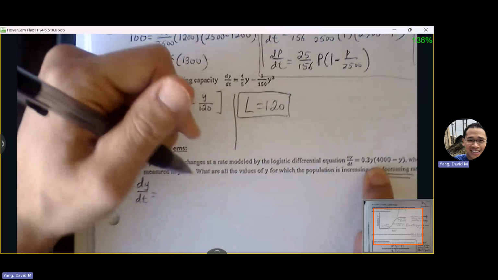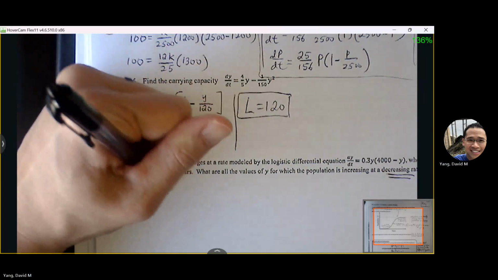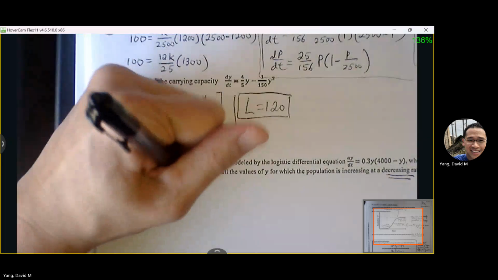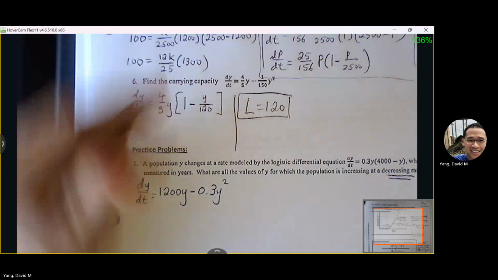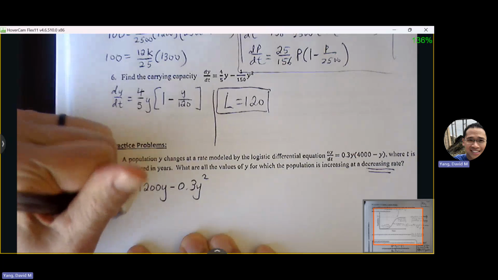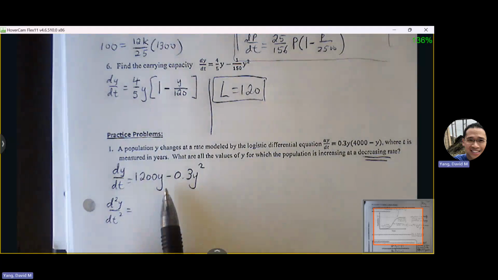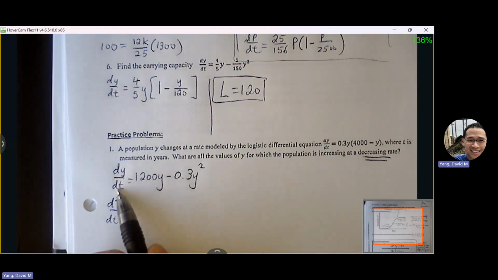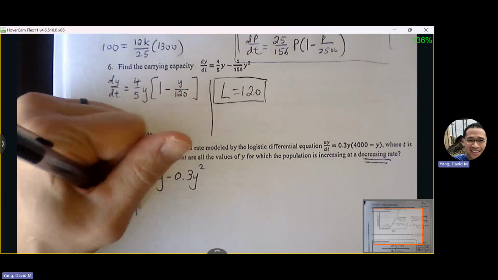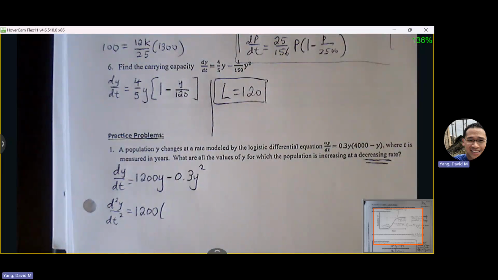Let me clean this up a little bit so I can just rely on power rule. I'm going to distribute that 0.3y through. Now, if I want to find the derivative here, this is with respect to time. So d2y over dt2. It's a little bit of a related rates feel because we're finding the derivative with respect to our independent variable, time. So 1200y turns into what? Y becomes dy dt, yeah.